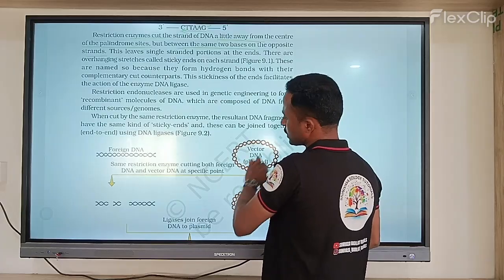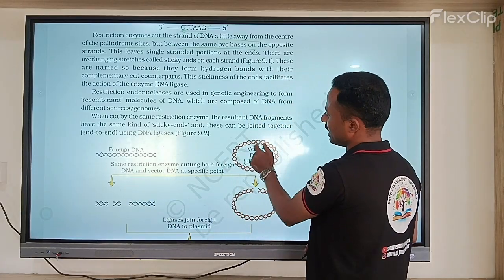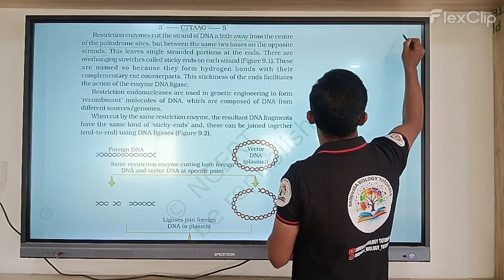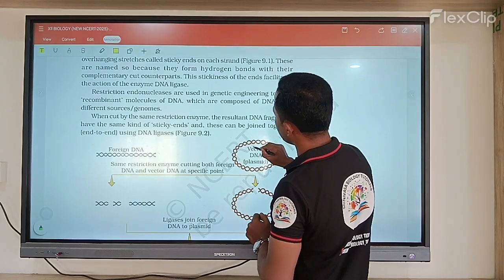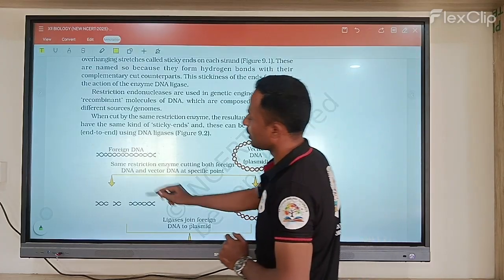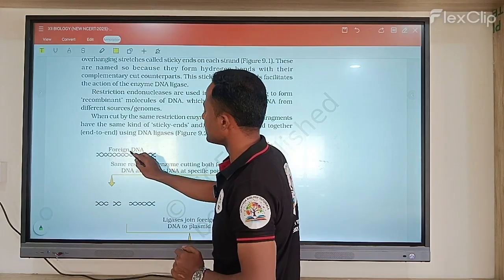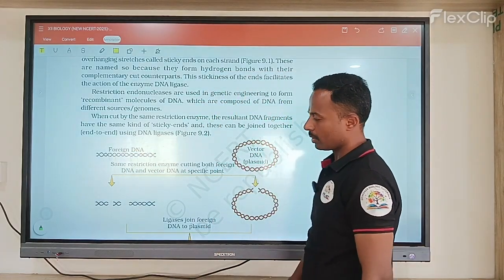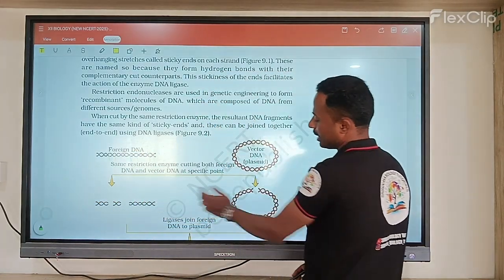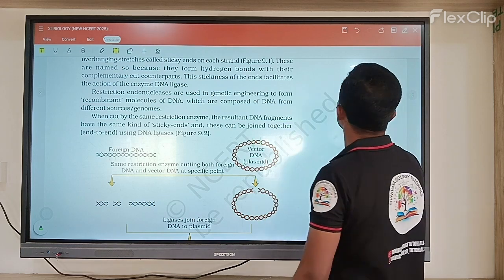In those specific regions only we cut the DNA. For example, we cut here, and if we cut here in these regions, then the DNA gets cut.